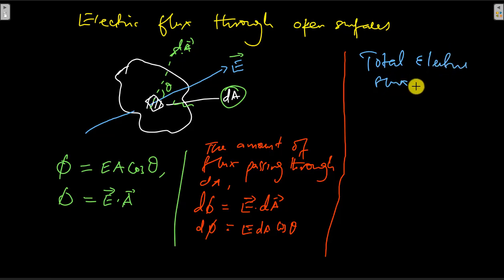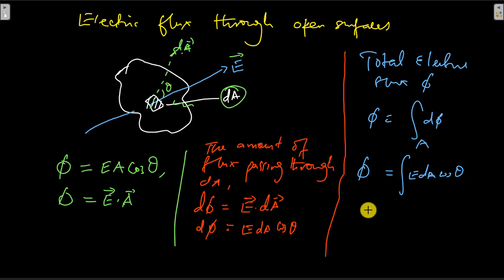If I want to find the total electric flux phi through this open surface, I'll have to integrate or add up all the small areas making up this arbitrary open surface. So I have to integrate d phi over the whole area. In that case, my total electric flux is going to be the integral of E times dA cos of theta over the whole area.